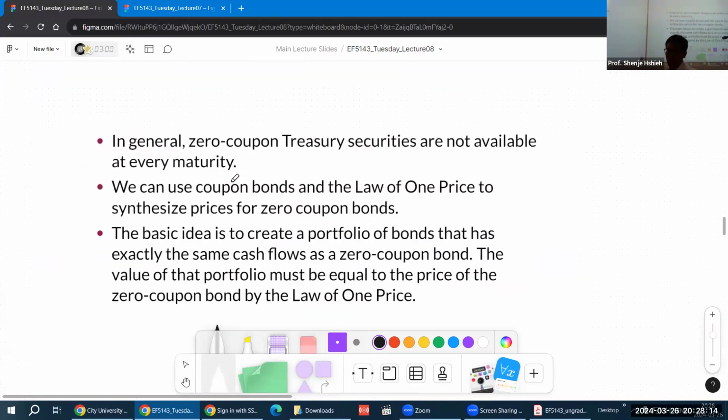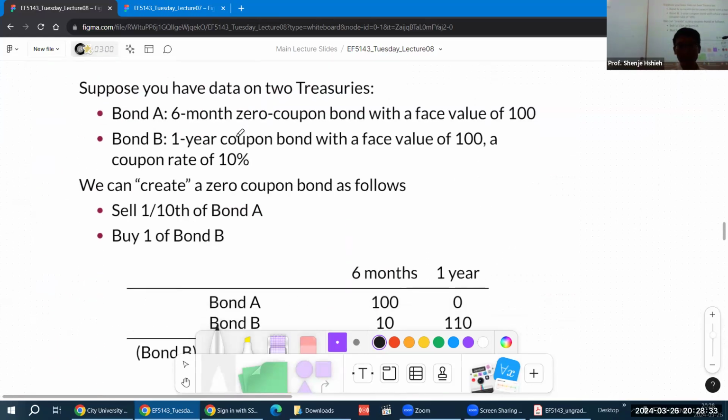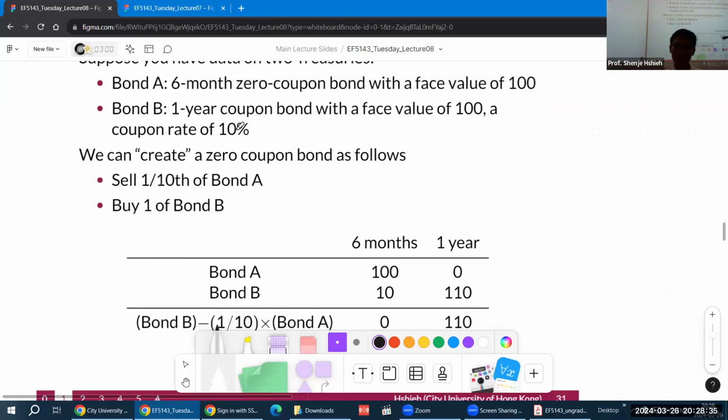In general, zero coupon securities are obviously not available. So what we have to do is what's called bootstrapping the term structure of interest rates, by formulating a portfolio of bonds, much like swaps. Let me just jump to the example. Here's the idea: if you can come up with a portfolio of bonds that precisely mimics a zero coupon bond, then the portfolio value is precisely the zero coupon bond value.